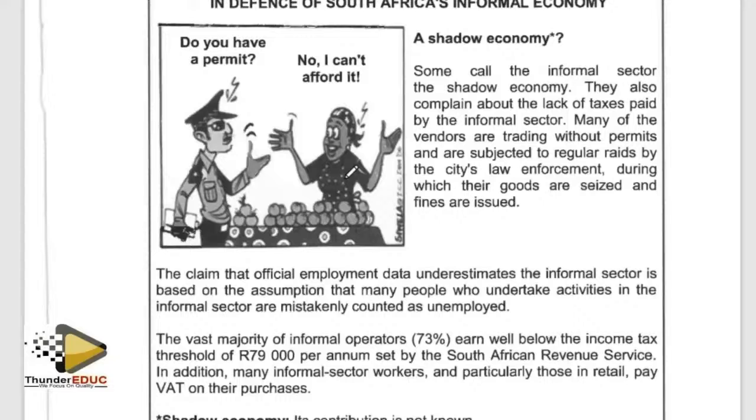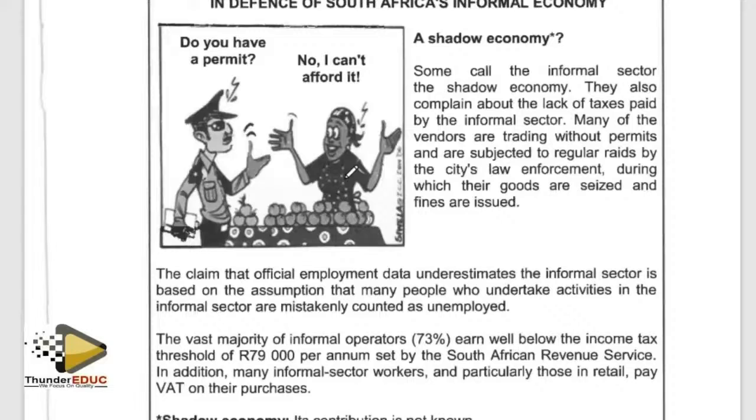They claim that official employment data underestimates the informal sector, based on the assumption that many people who undertake activities in the informal sector are mistakenly counted as unemployed, because there is no proper data, or the employment data that is given is underestimated.